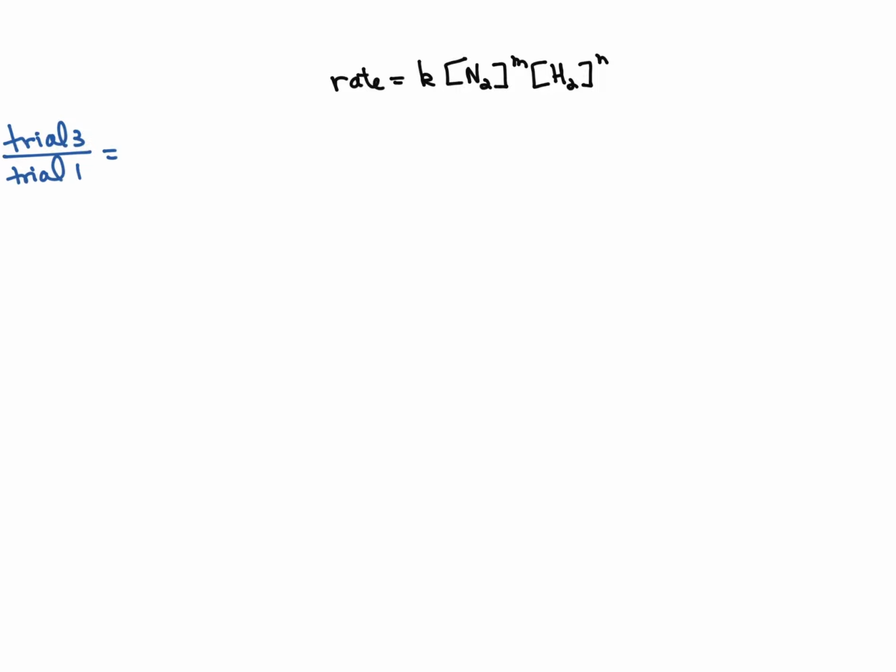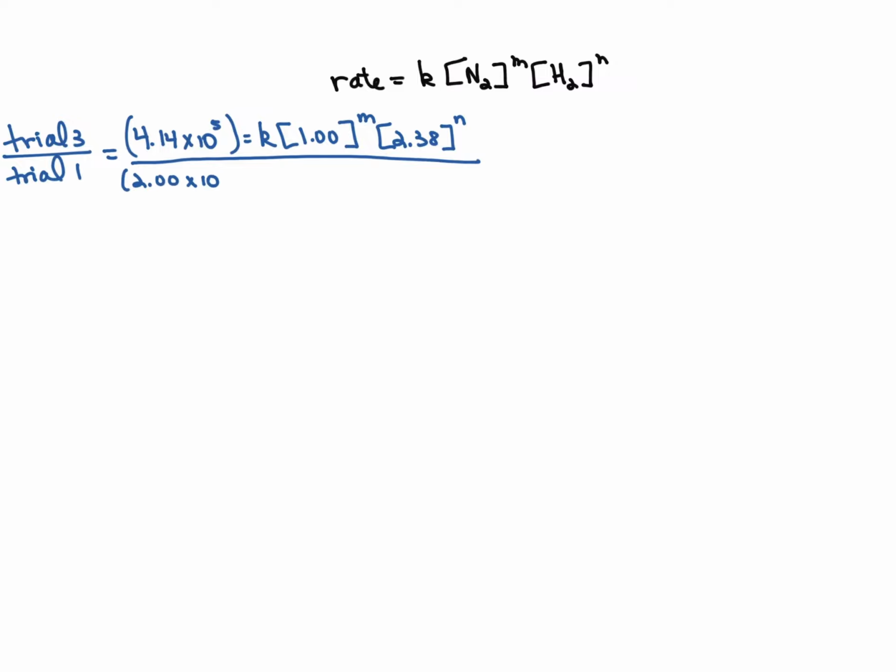The rate for trial 3 is 4.14 times 10 to the 5th equals K. The concentration of N2 is 1 raised to the power of M. The concentration of H2 is 2.38 raised to the power of N. Trial 1 rate is 2 times 10 to the 5th equals K. The concentration of N2 is 0.695.